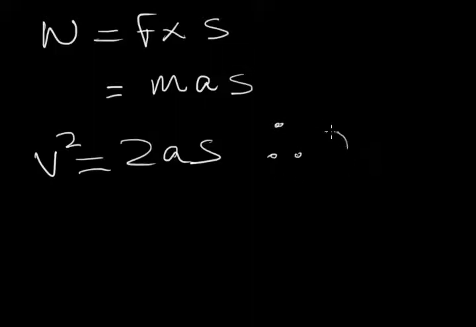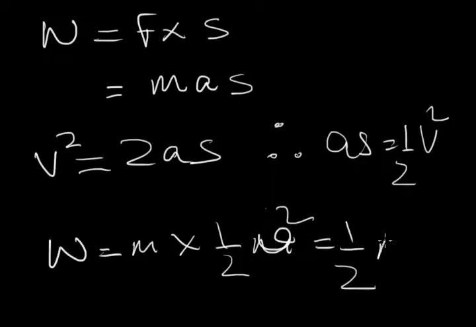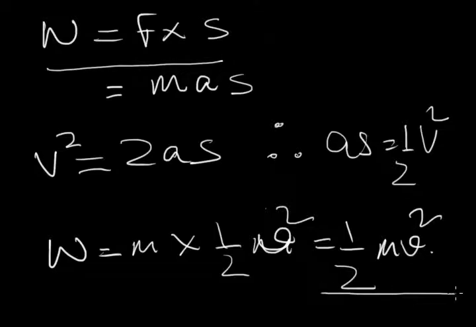Now s can be put as half v squared over a in that case. So if I replace this value of s in our expression for work, it comes to m into half v squared, that is nothing but the kinetic energy, half mv squared. So again we can show that work, which is force times displacement, lands up as half mv squared.